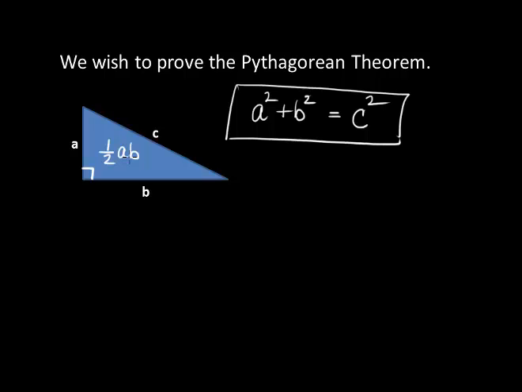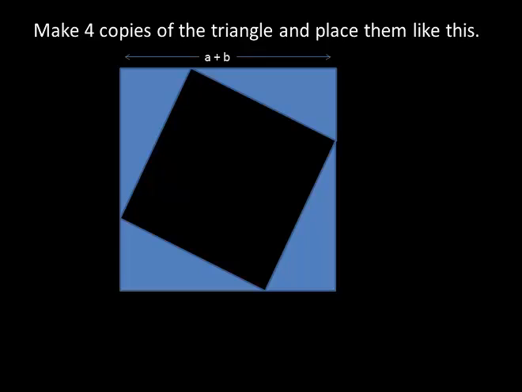Now, this is the triangle drawn just this way that we're going to use to prove the Pythagorean theorem. So on the next two slides, I'm going to make copies of this exact triangle. So the first proof, the only proof I'm going to do in this video, is not the one in the textbook.